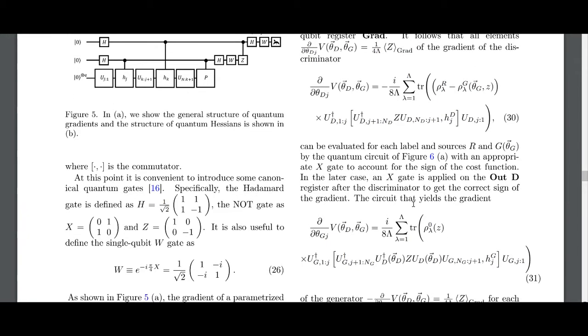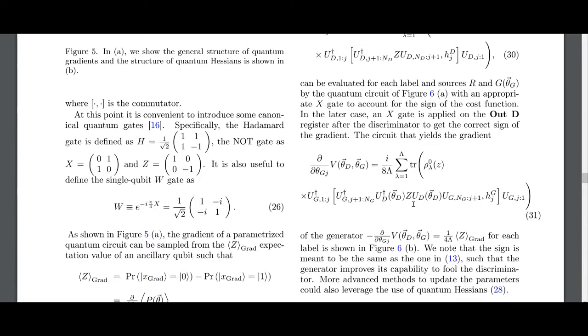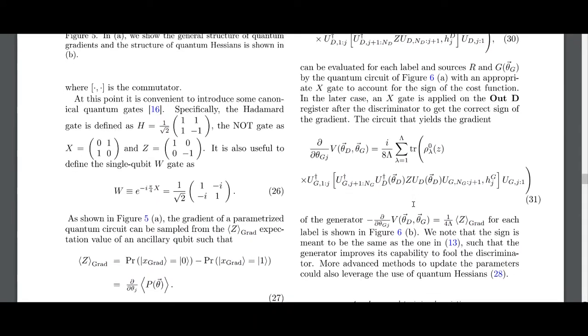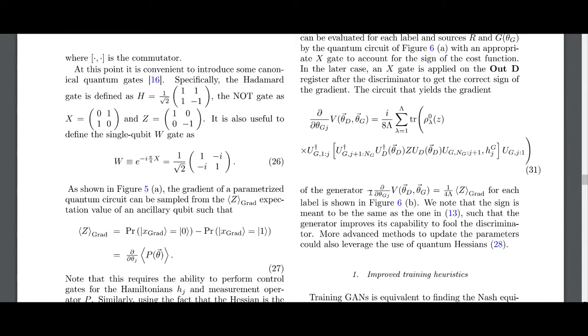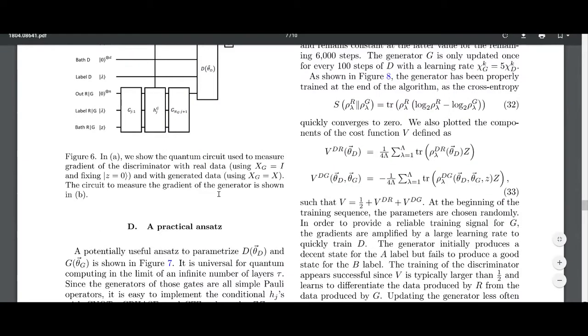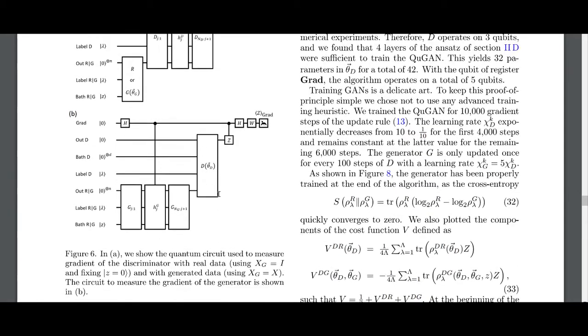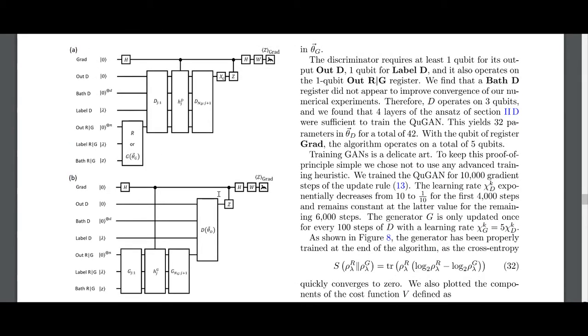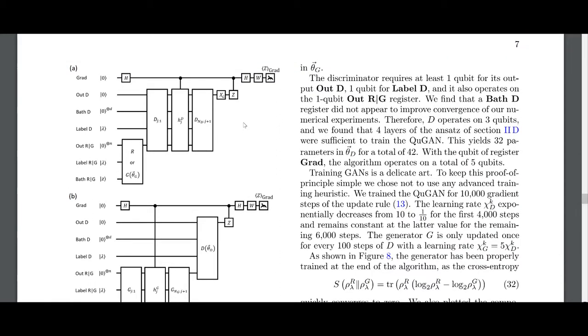Okay, it's a technicality. The circuit that yields the gradient of this generator for each label is shown in figure 6b. Okay, so that's how they break it down. No, it's a Z. It's not a measurement.